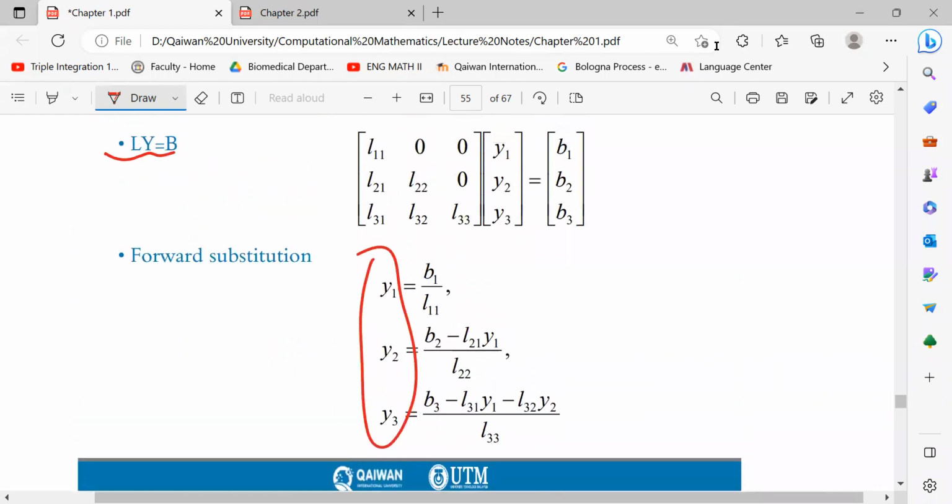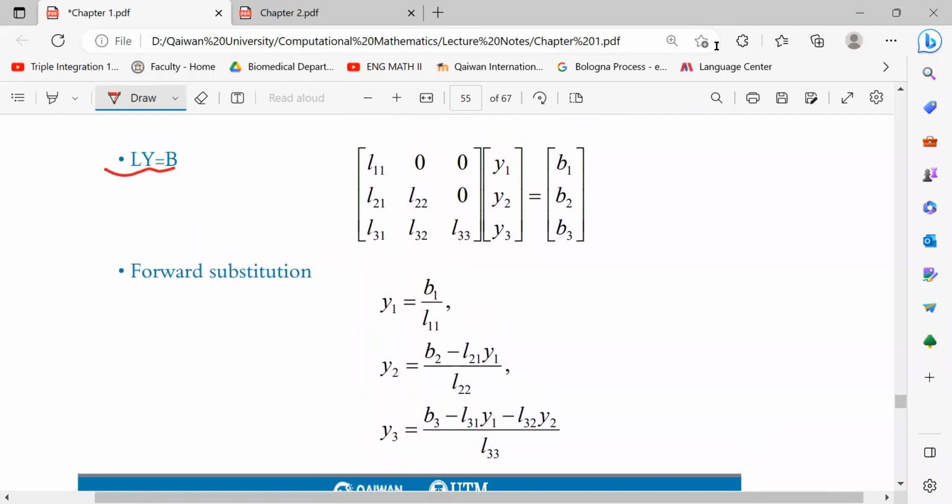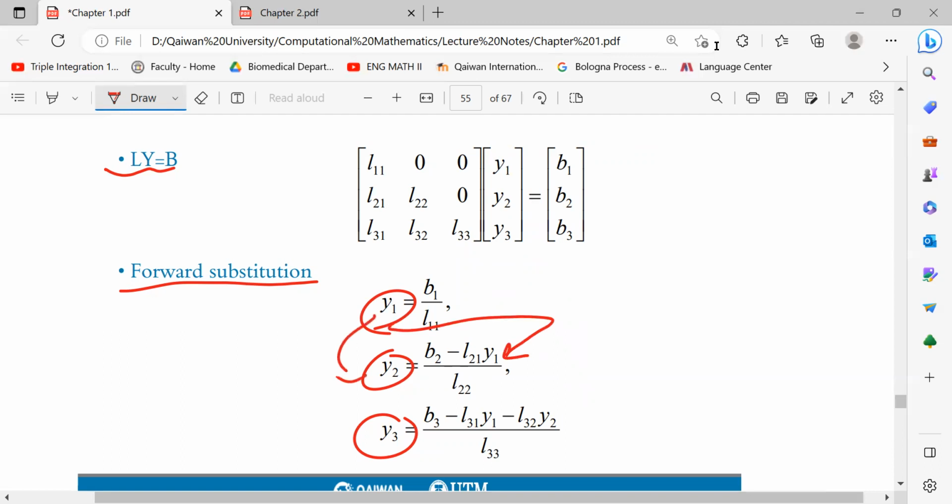Look, what's the difference between forward substitution and back substitution? For forward substitution, we start from the first variable and then we substitute it in the others to find the values of other variables. Here, first we find y1, then y2, and then y3. We substitute this here to get the second value. And then we substitute y1 and y2 here to get y3.